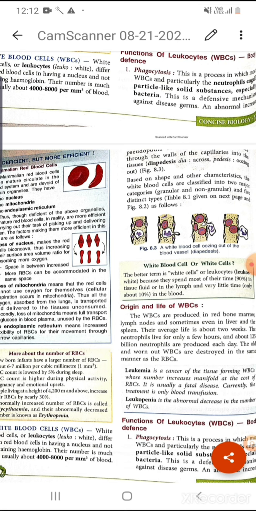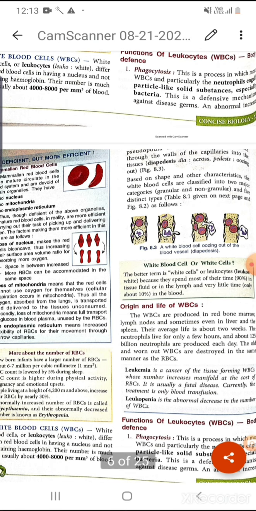A white blood cell oozing out of the blood vessel is called diapedesis. When the blood flows through the capillaries, the white blood cells have a pseudopodia-like movement.